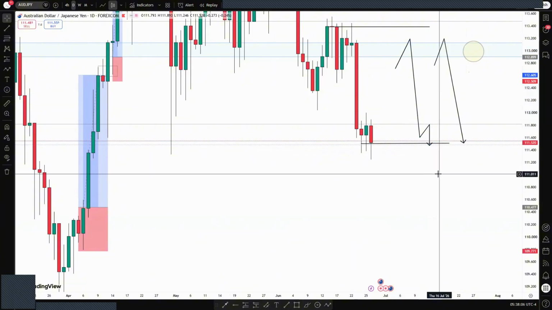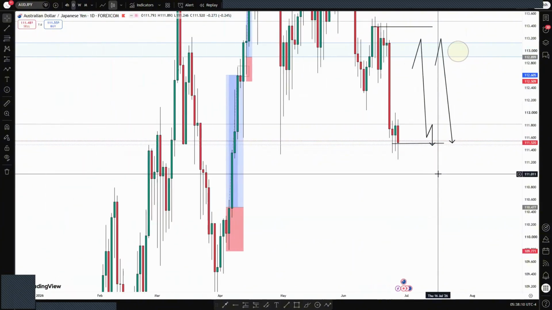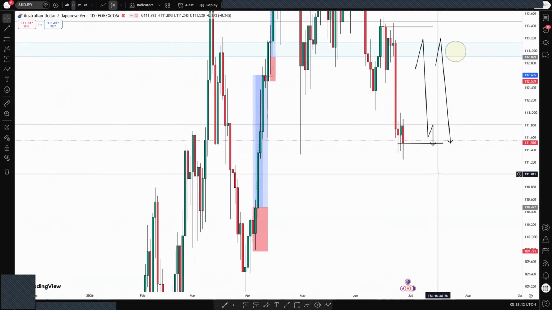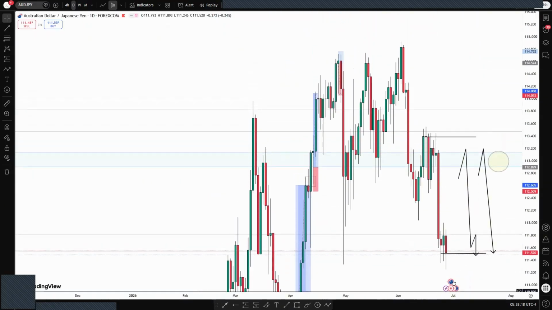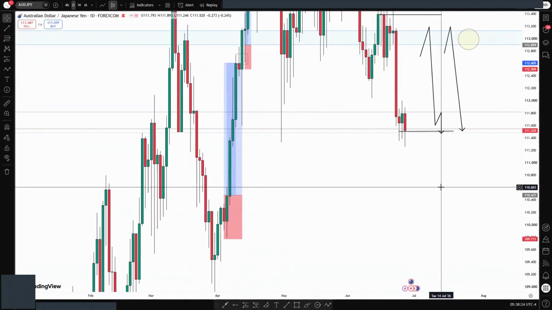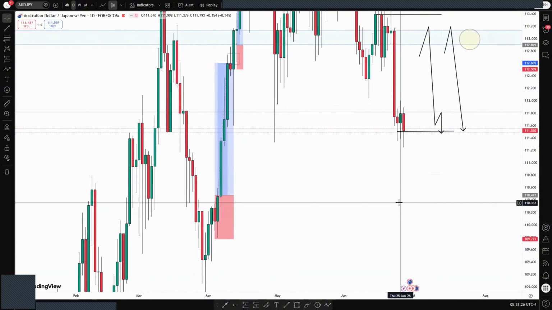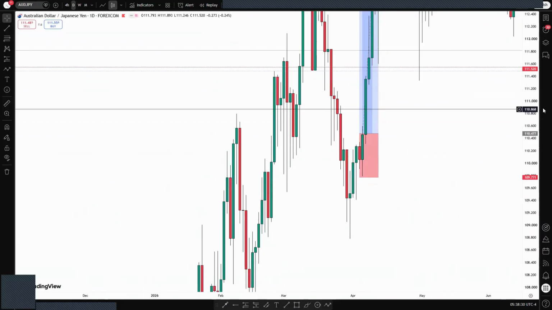So in this case, this is a bit tricky, I can't lie. This is a very big tricky situation. I like it when it's a clear shift.